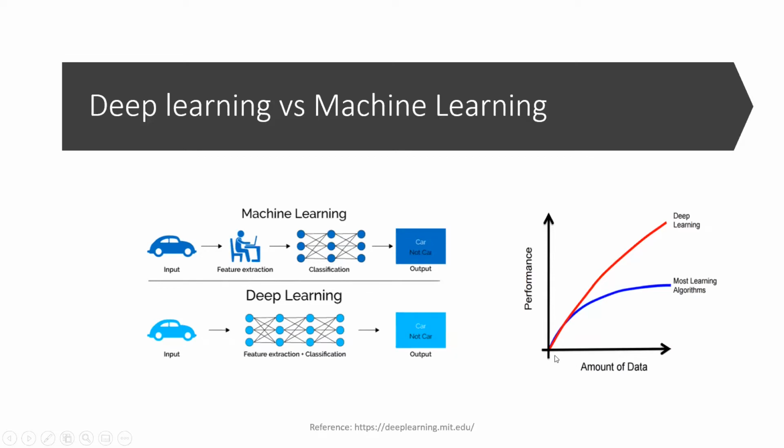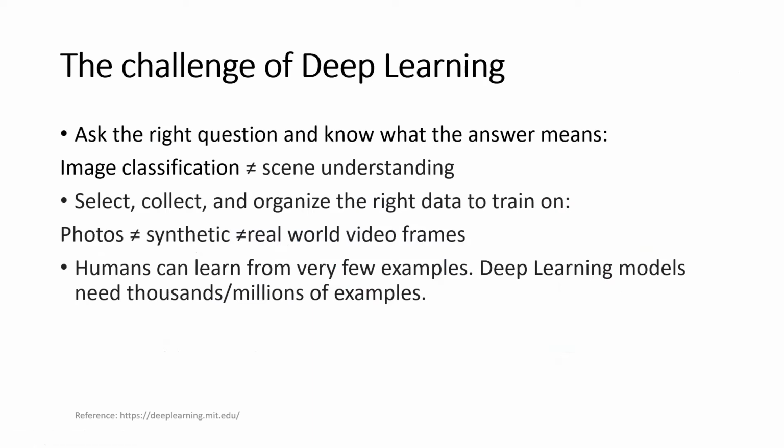You're going to notice that with deep learning, when you increase the data, the performance of the deep learning models is going to keep improving. One challenge of deep learning is asking the right question and knowing what the answer means. Deep learning models are black box models. It's usually very hard for you to find out why the neural network predicted this.